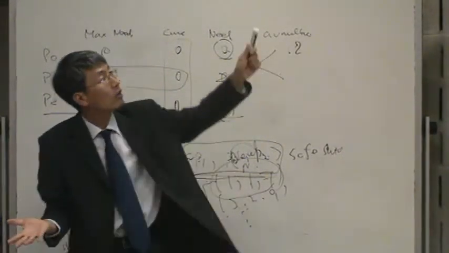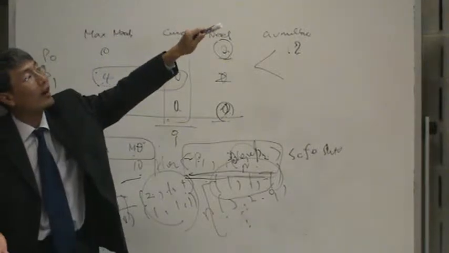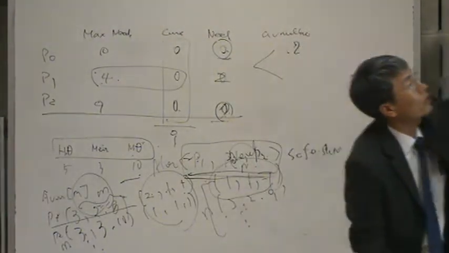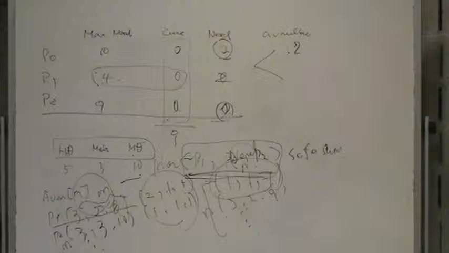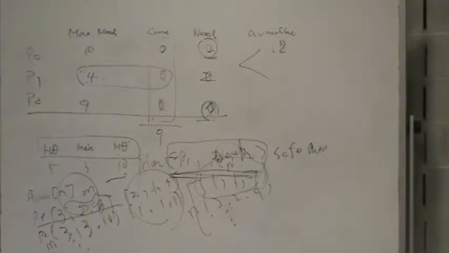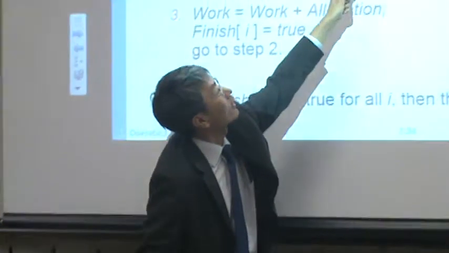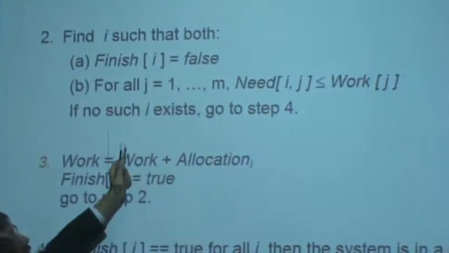So in the second step, find the process i, among the non-finished, non-terminated ones, whose Need is less than Work.